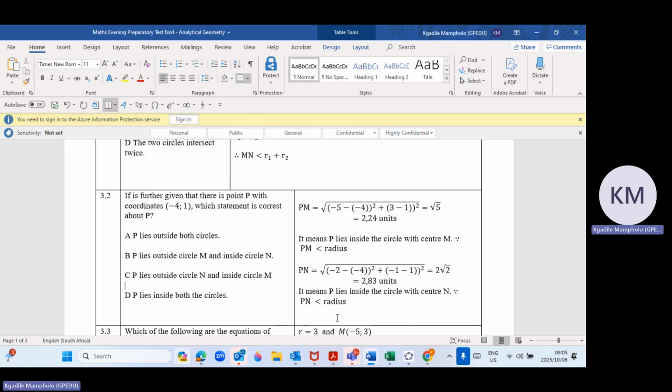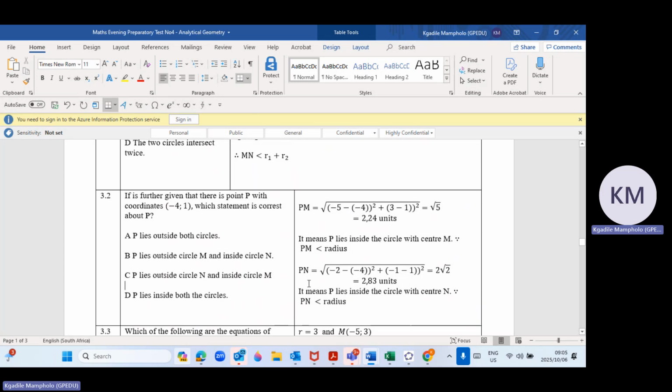If the answer is greater than the radius, it lies outside. So let's calculate the distance PM, which is the distance from the center of circle M to P. Substituting, we got the answer root 5, which is 2.24.